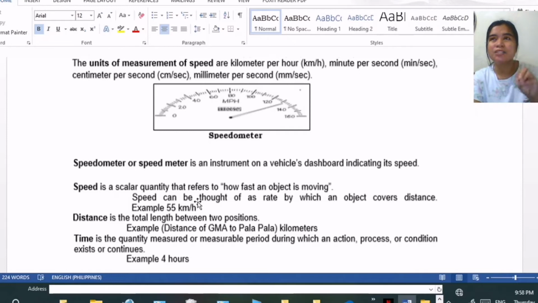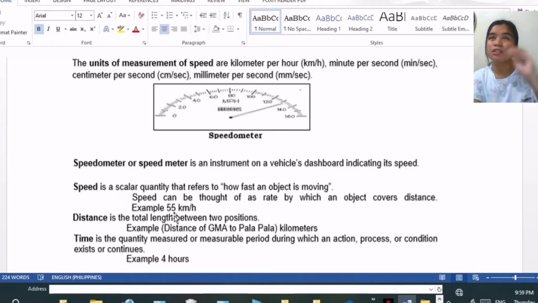Basta tatandaan nyo po, kapag distance ang pinag-uusapan, laging present ang mga words or unit na to. Kilometer or km, ano pa ba? Meter, centimeter, millimeter kapag distance ang pinag-uusapan. Pero kapag speed ang pinag-uusapan, yung mga sinabi ko kanina na unit, meron na po siya ng per hour, per minute, or per second.